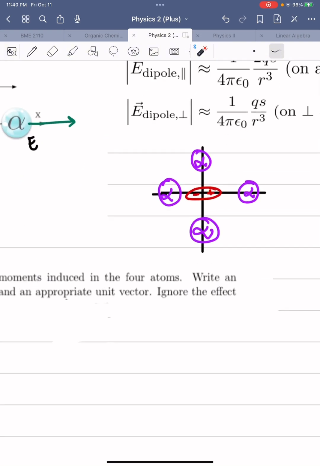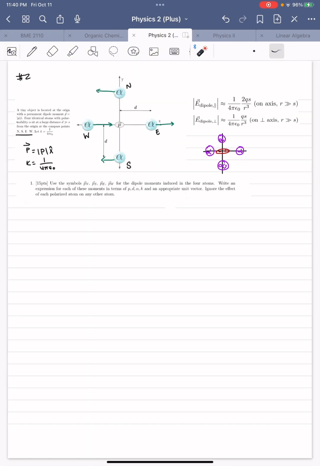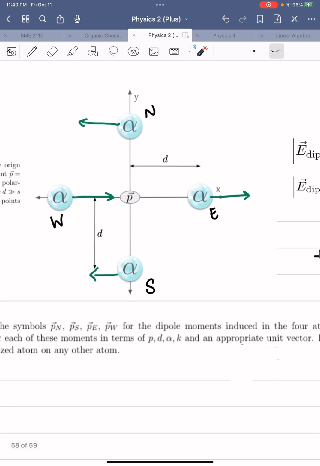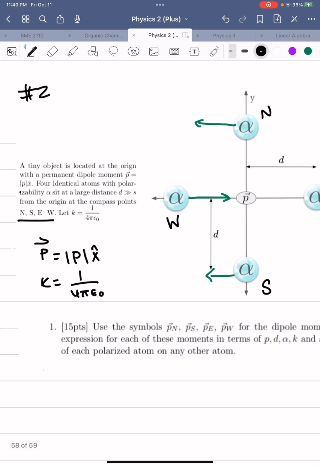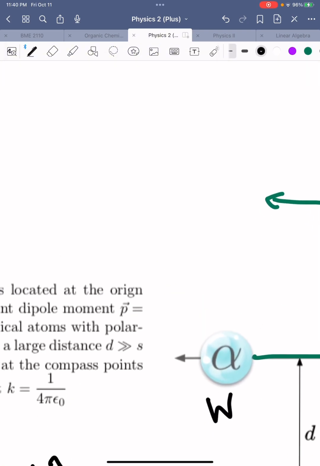With these, we can now draw the electric field lines of every polarized atom according to the dipole moment. Let me draw this over here, we know that this dipole is like this. The electric field is opposite to the dipole moment.